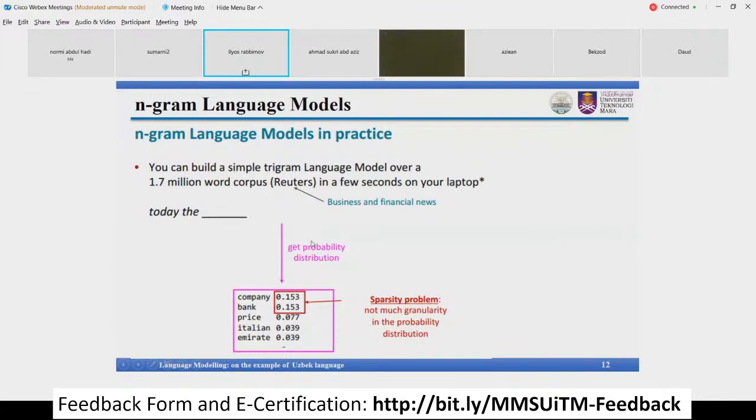For the next word, the language model gets a probability distribution over the words, with a probability score. And there are problems: not much granularity, because it's a probability distribution and the scores are the same.